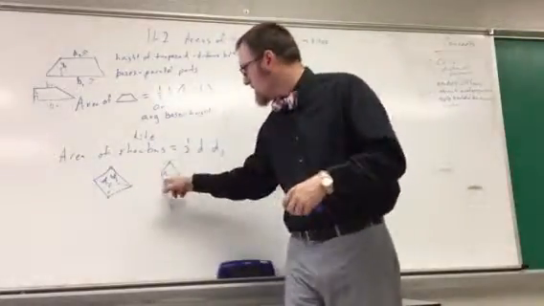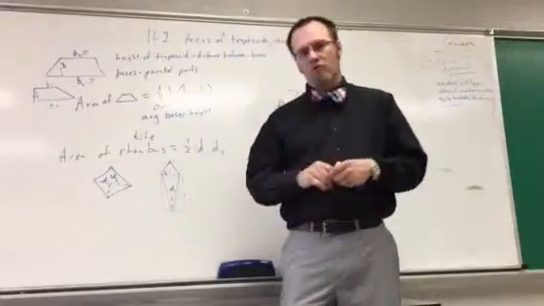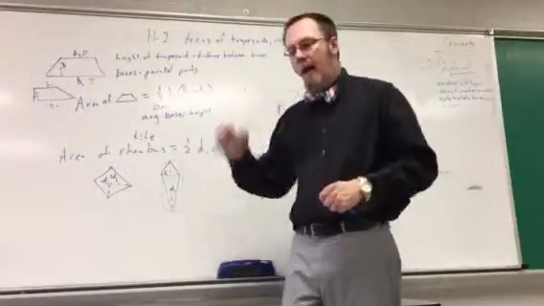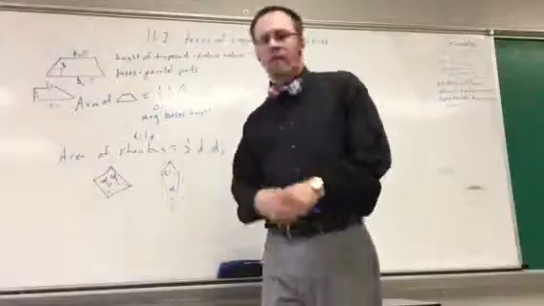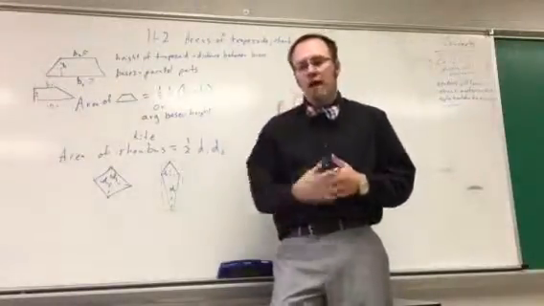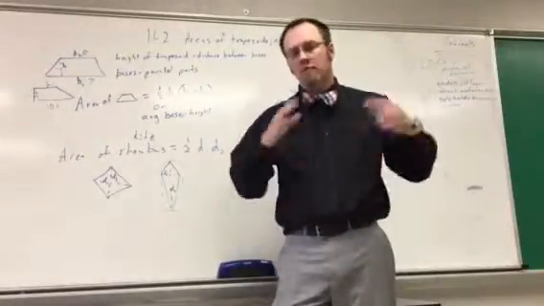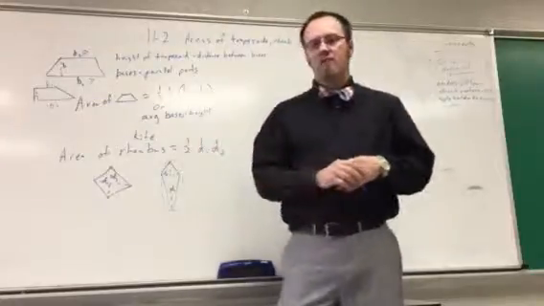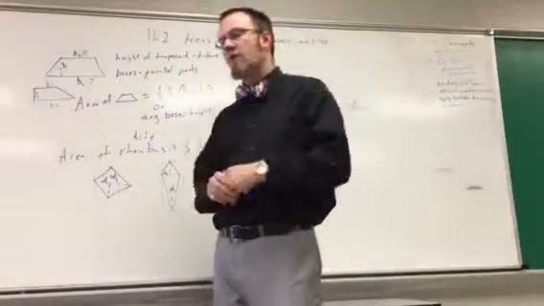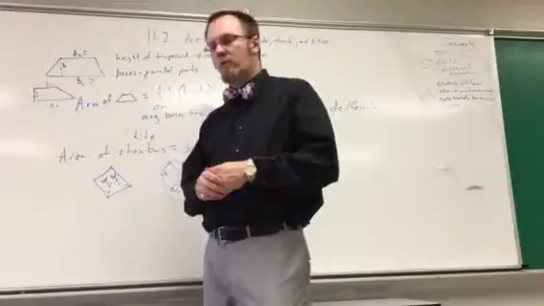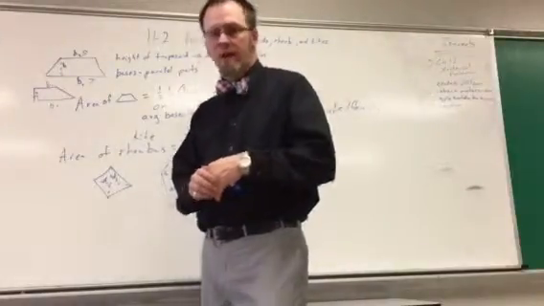If I found the area of all 4 of these triangles, then by adding them together, I have found the area of that kite. If you can find the area of a triangle, you can find the area of most of these quadrilateral shapes, the squared off ones. You'll be good right up until we get to circles, semicircles, something like that.